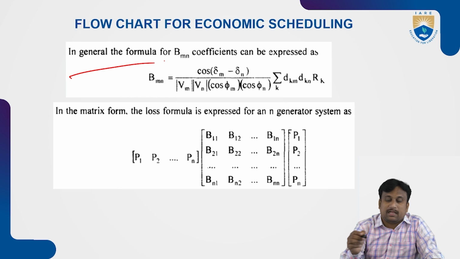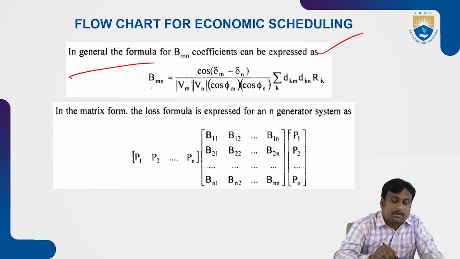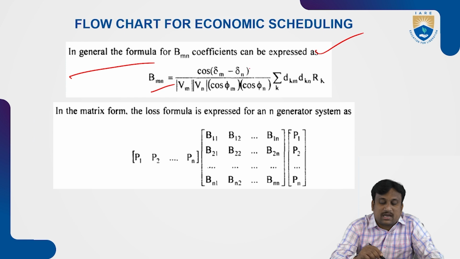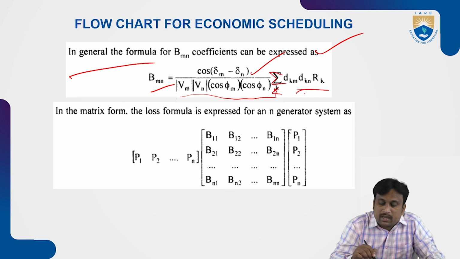So in general, the formula of the BMN coefficients can be expressed as BMN equals cos(delta m minus delta n) by Vm Vn cos phi m cos phi n, multiplied by the summation over k of dkm dkn Rk.